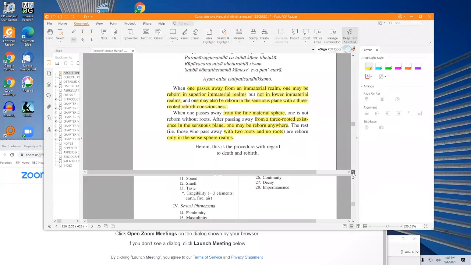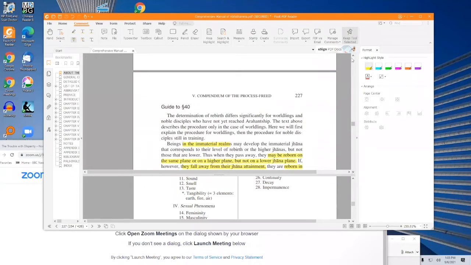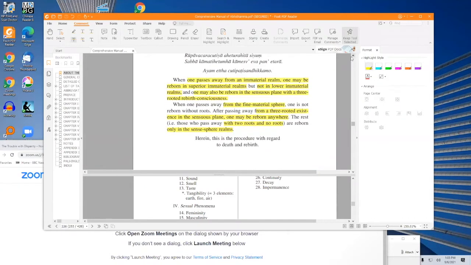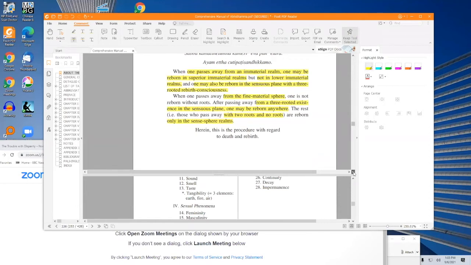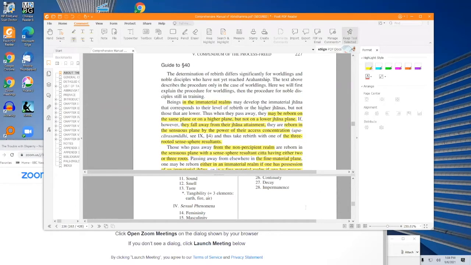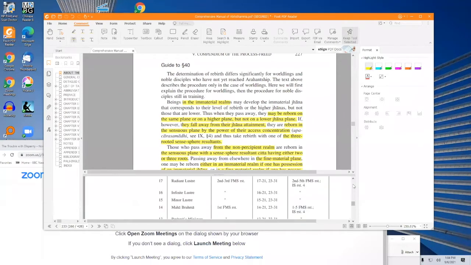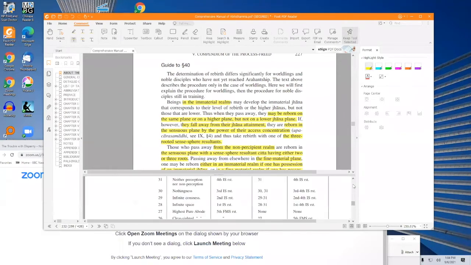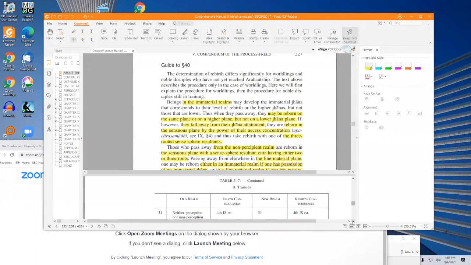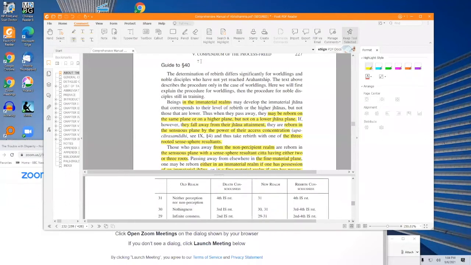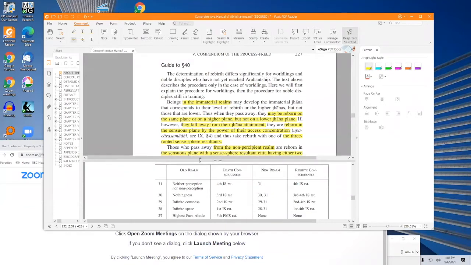I think it's easier to take the explanation from the guide together with the diagram or the table, since we go into more detail here. In this case, we start from the top and work down. So we have determination of rebirth.